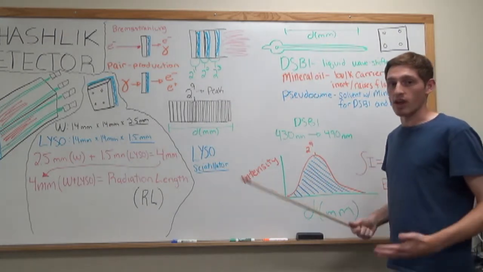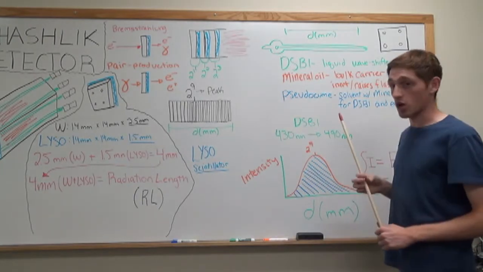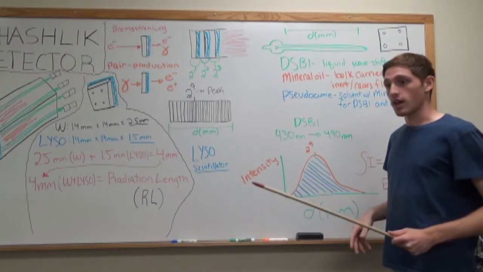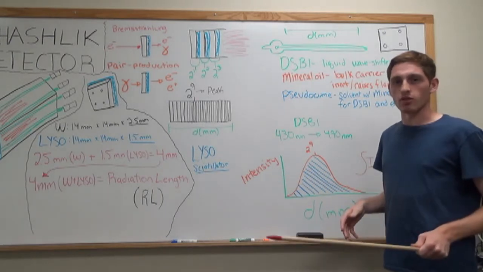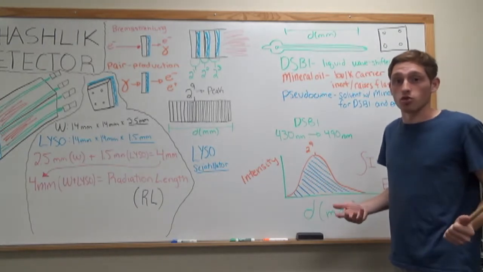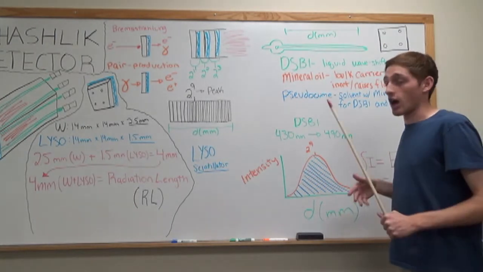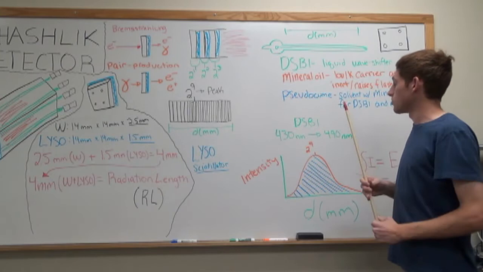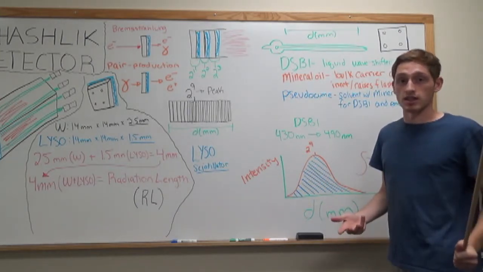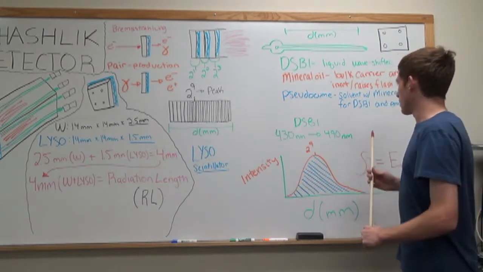DSB1 is a liquid wave shifter, which I will explain in just a bit. Mineral oil is the bulk of it. It's just a carrier, it's inert, it raises the flash point so it doesn't suddenly explode or catch on fire in the higher temperatures. Pseudocumene allows for the DSB1 to be dissolved inside the mineral oil.